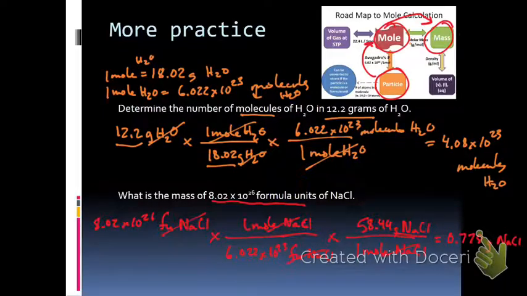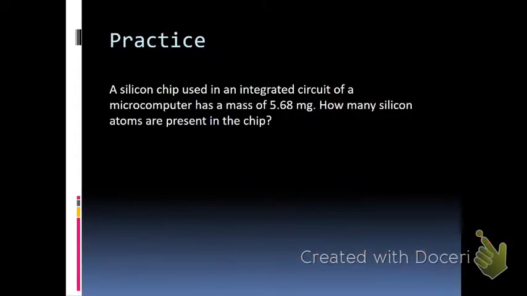All right, let's continue. A silicon chip used in an integrated circuit of a microcomputer has a mass of 5.68 milligrams. How many silicon atoms are present in the chip? All right, this is going to be really interesting. So we're given the mass, but actually the mass we're given is in milligrams.